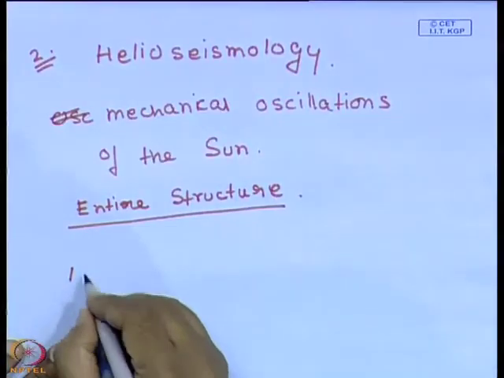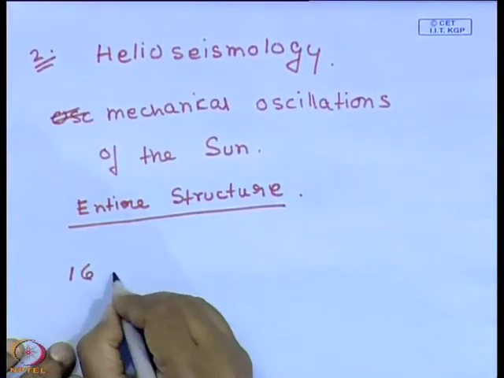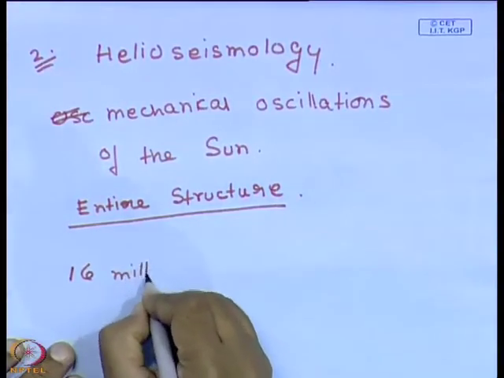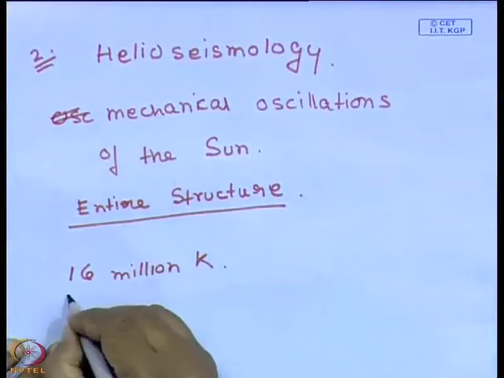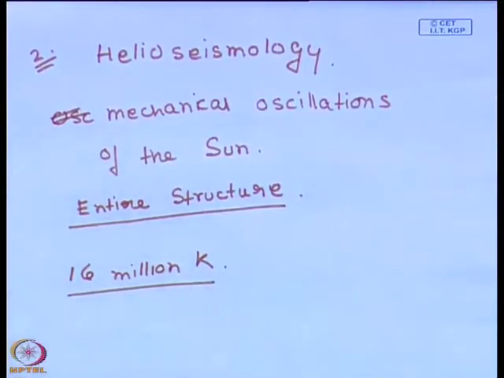So, they tell us the temperature at the center of the sun is around 16 million Kelvin at the core, and it falls off as you go outside. Okay, and a wide range of other parameters in the interior of the sun are predicted by current solar models.